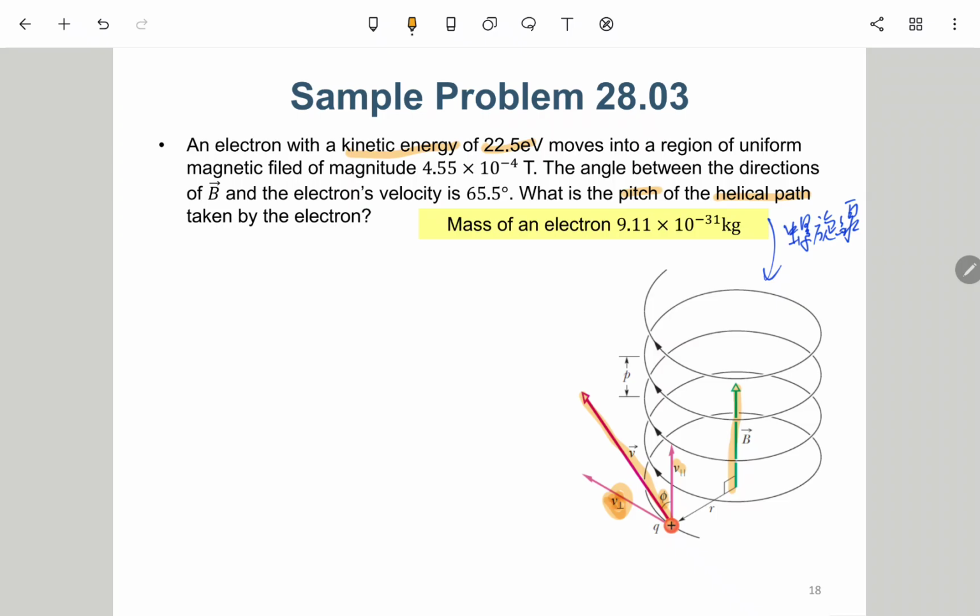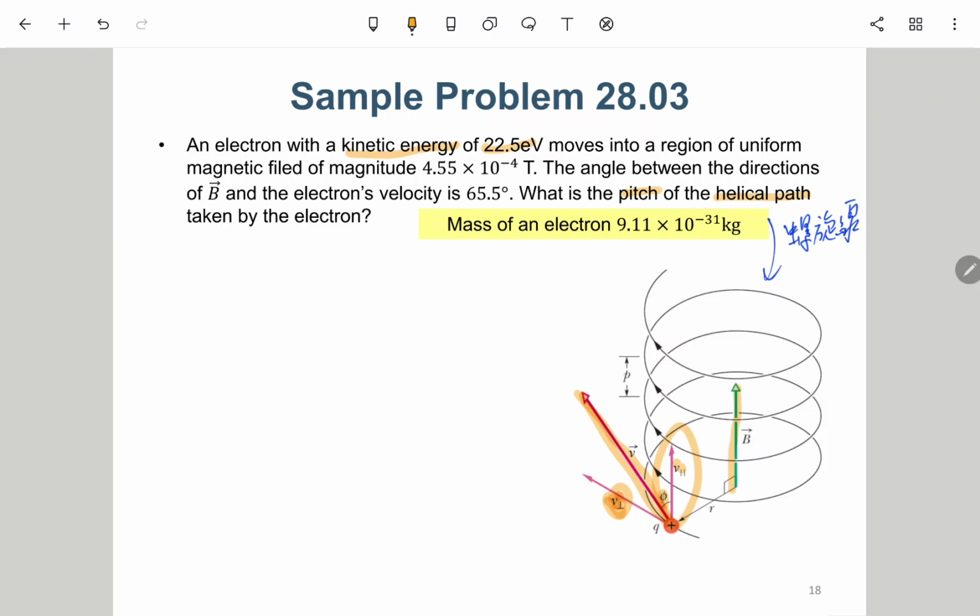So the pitch means, actually, why does it look like a helix path? We can decompose v into two parts. The parallel component has no interaction with the B field.